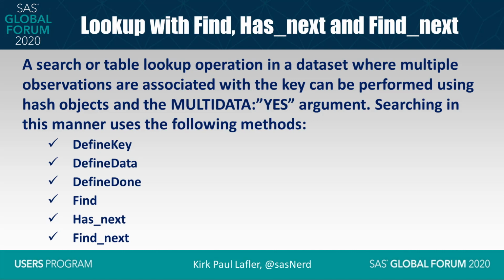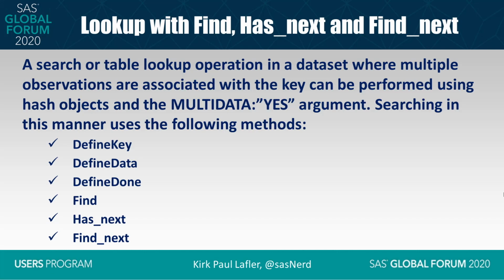Now let's turn our attention to how we can actually process a data set where multiple observations are associated with the key. In other words, you have duplicate observations of the key.